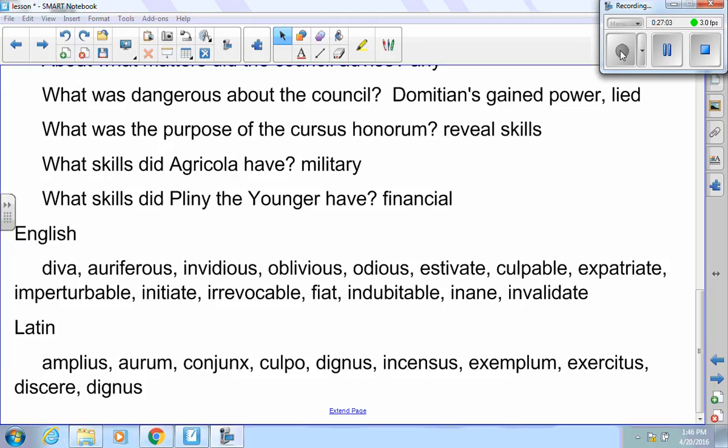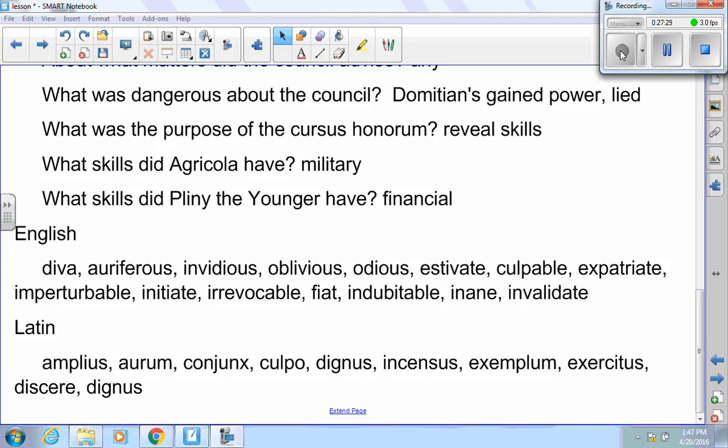Fiat is an order issued by someone in authority. Indubitable is unquestionable, undoubtable. Inane is lacking sense or meaning. And invalidate is to deprive of legal force.